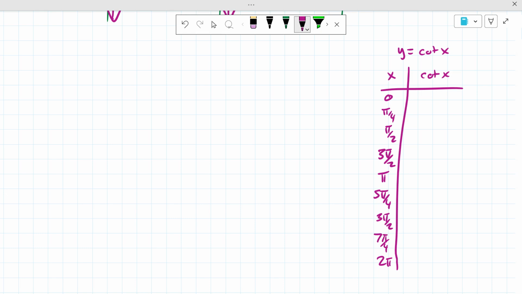Cotangent of 0. This is where I screwed up last time. Cotangent of 0 is x over y. So it's 1 over 0, so it is undefined.